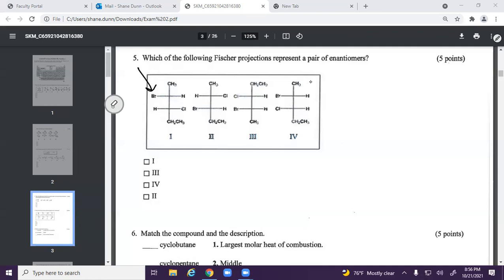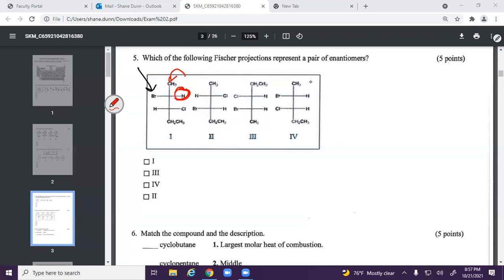So with Fischer projections, we want to notice something. That's an H. H's are always the lowest priority. And do we want the lowest priority to be dashed or wedge? Dashed. So is the H on top or is it a wedge?